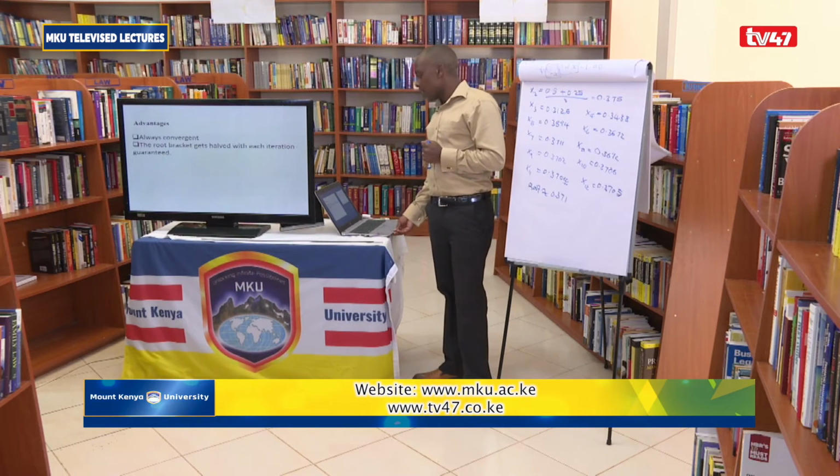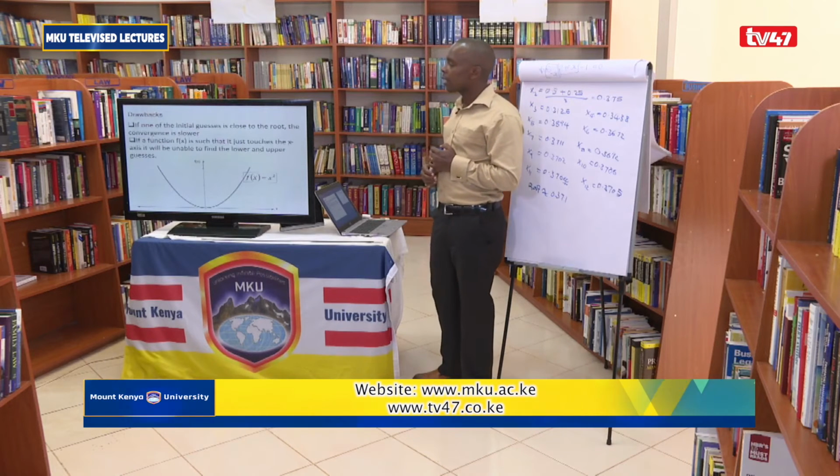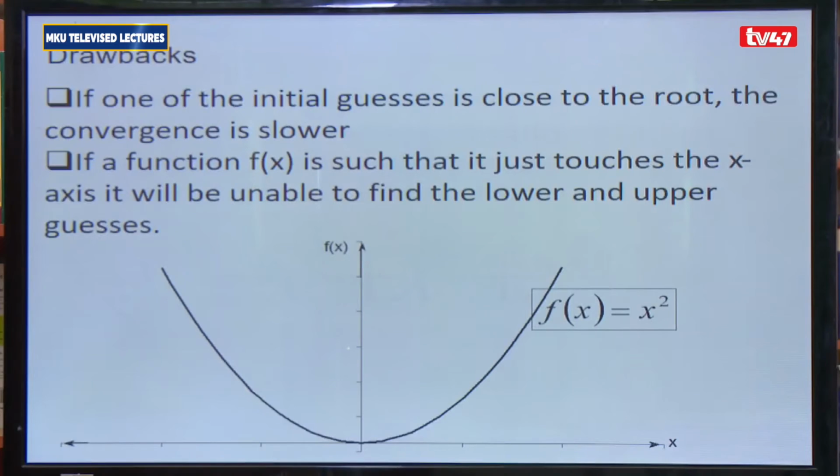So you end up with a convergence to your approximate root. However, there are some drawbacks to this given method, and one of them is that if one of your initial guesses is close to the root, then the convergence is slow.